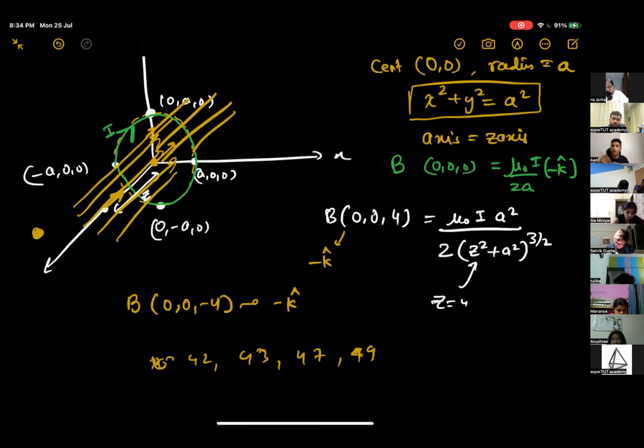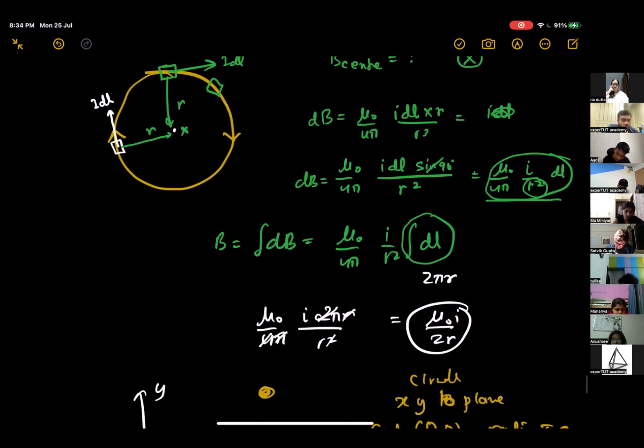Okay, cool. So sir, it'll be mu naught I by 2a. Yes, which is the formula we said for magnetic field at the center of a loop, right?